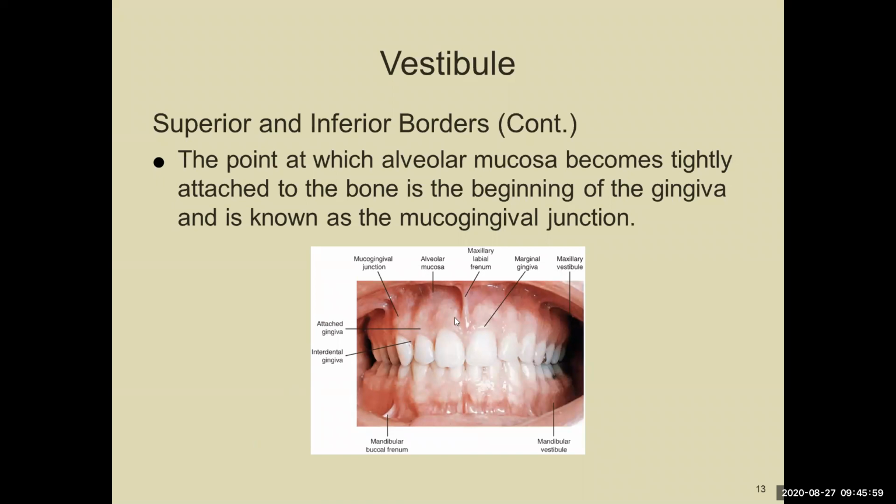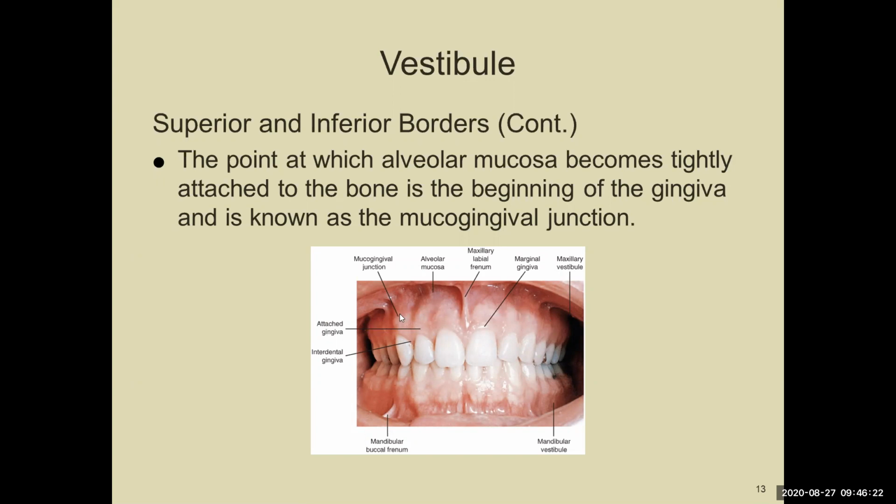When you take your lips and pull them away from your mouth, you're going to see a difference in color. The labial or buccal mucosa is thin and movable, and then it's going to attach at a certain spot, and that's the mucogingival junction.